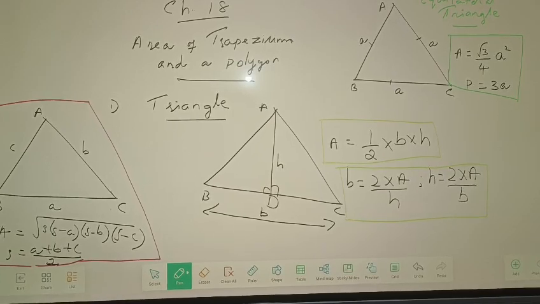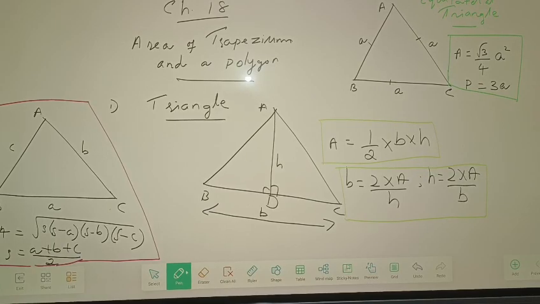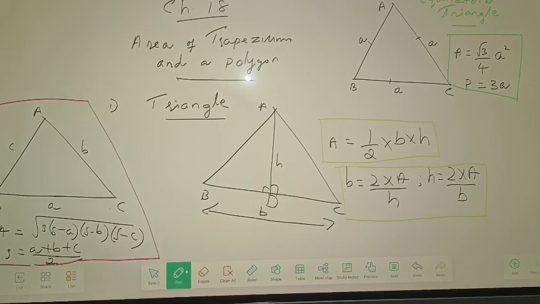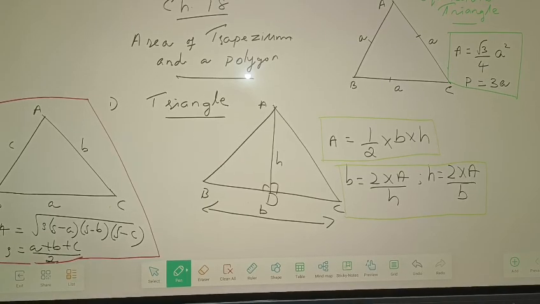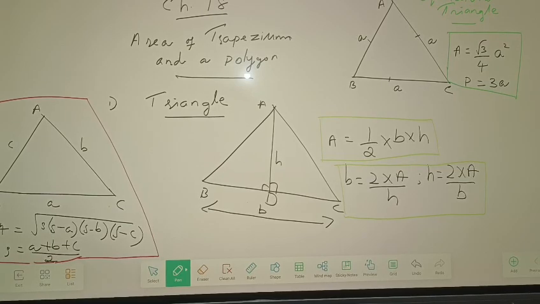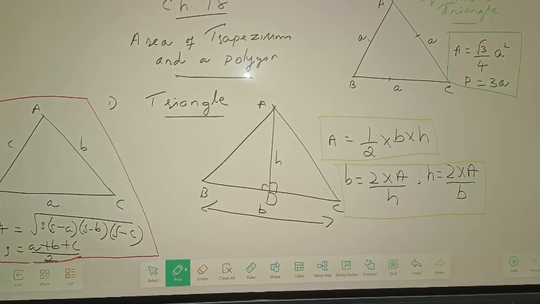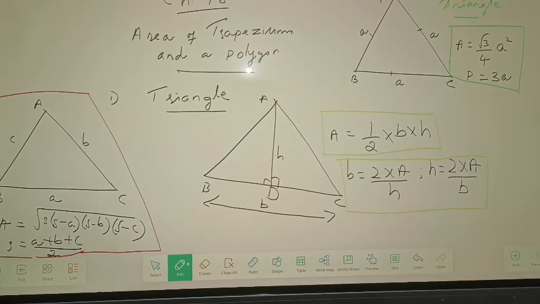Then what is base and what is height? That is very important. Any one side can be taken as base, and its corresponding length of perpendicular, that is, the perpendicular drawn from the opposite vertex, is going to be its height. Then area equals half into base into height.